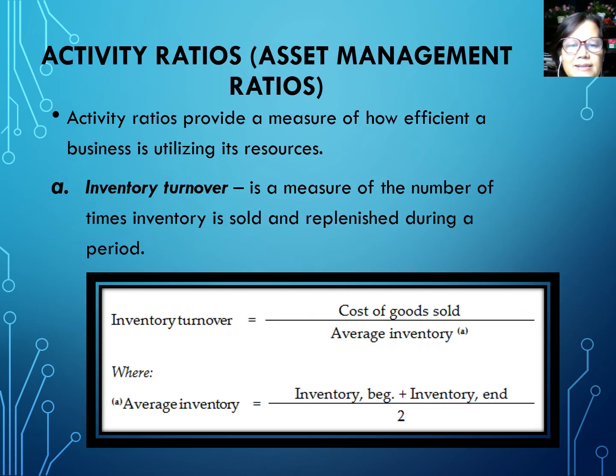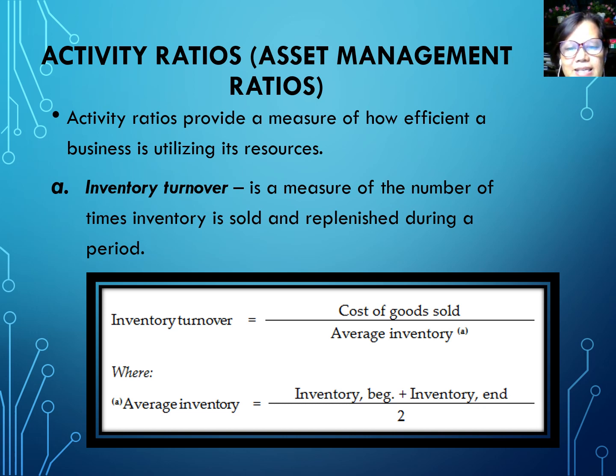Okay, next is activity ratio, asset management ratios. These activity ratios provide a measure of how efficient a business is utilizing its resources. Okay? Inventory turnover is a measure of the number of times inventory is sold and replenished during the period. So, what is the formula?